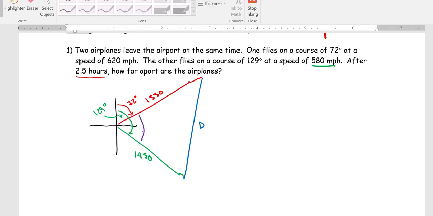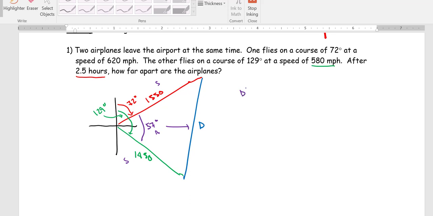It's just the green angle minus the red angle: 129 minus 72 is 57 degrees. Now I'm given a side, an angle, and a side, which means I can use the law of cosine to find this side D.